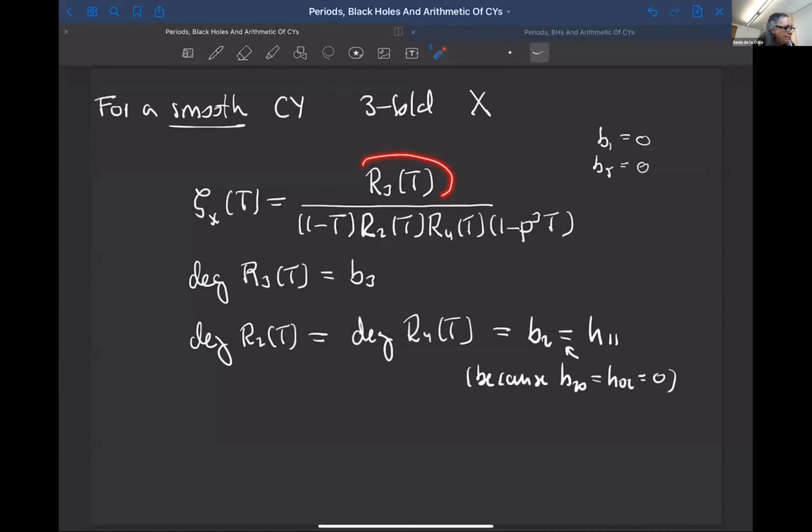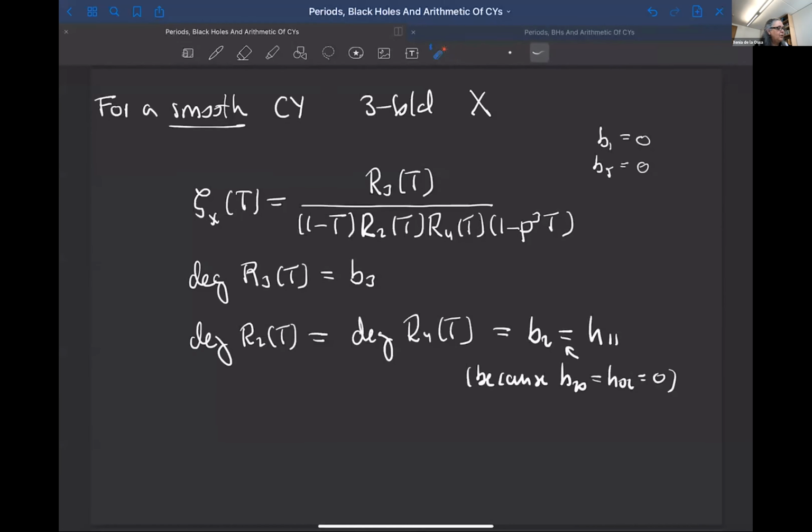This polynomial here has degree b3. And then in the denominator, we have 1 minus T and R2, R4, and 1 minus p^3 T, where R2 has degree b2 and the same for R4, which is equal to h11, because h20 and h02 are 0 for the Calabi-Yau manifolds that we are considering.